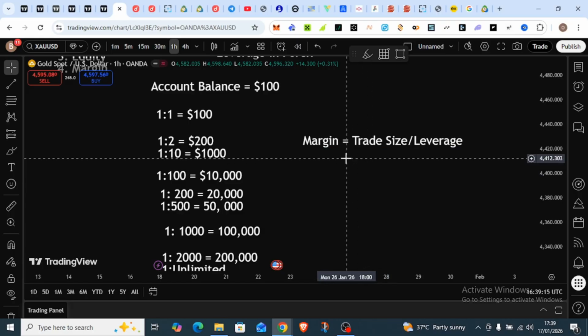So most people think that using a higher leverage will make you blow your account faster, or using a smaller leverage will help you save your account. This is not totally true. It depends on how you manage your risk and the part of your account you are exposing.